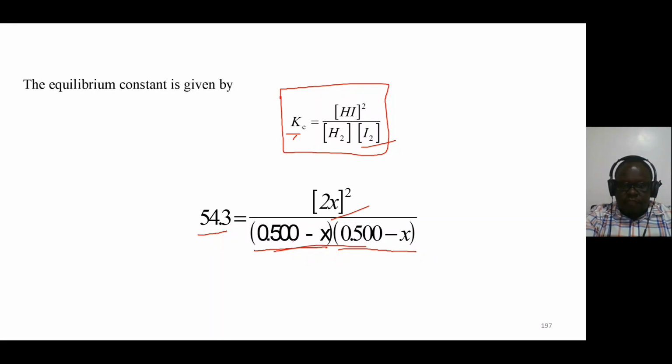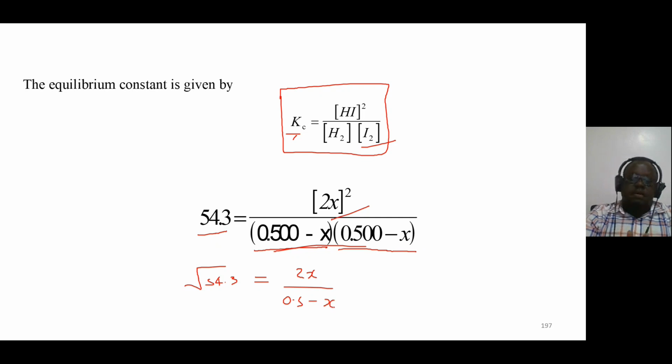So that eventually here we get the square root of 54.3 being equal to 2X divided by 0.5 minus X. So it simplifies our calculation.